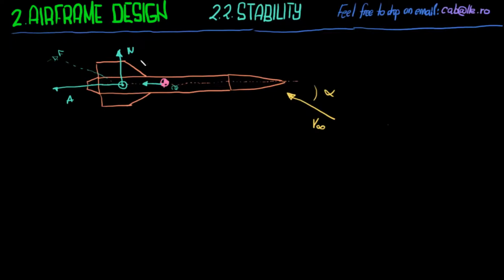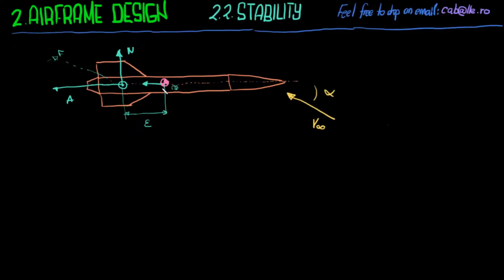Okay, and this is the one in charge of stabilizing the rocket, because this normal force N is at a distance, let's call it epsilon for now, from the center of gravity.